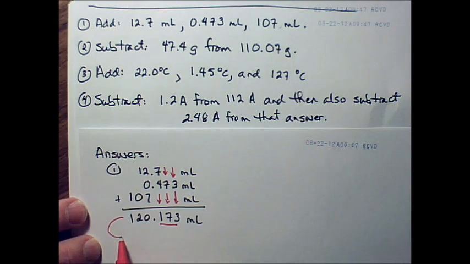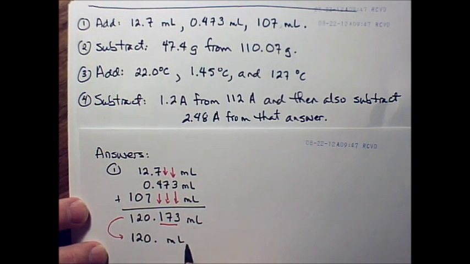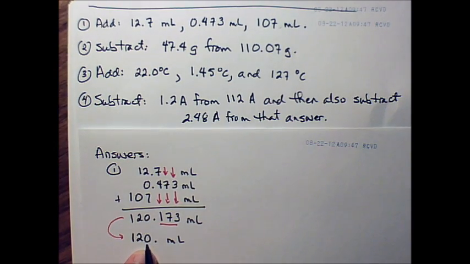The rounding off is shown with an arrow, and we write the answer is 120 milliliters. We'll talk about this more later, but because I've got a 0 in the ones place, I really need a decimal point there to show that 0 is significant. If you've got a significant 0 in the ones place, a decimal point will show that 0 is significant.